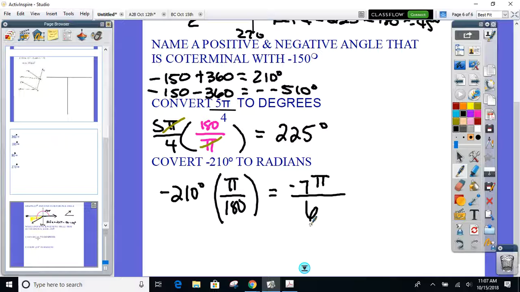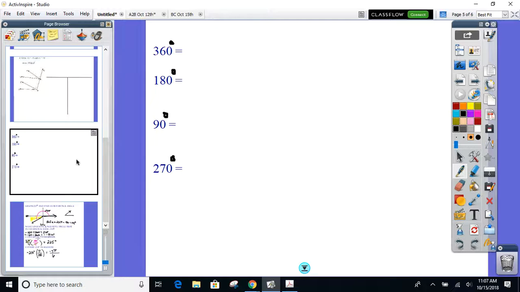I'm not going to ask anybody this question, but if you do remember, anybody remember what 360 degrees was equal to? How many radians? 2 pi, about 6.28, 6 and change. All right, cut that in half. What's 180? Keep cutting it in half.